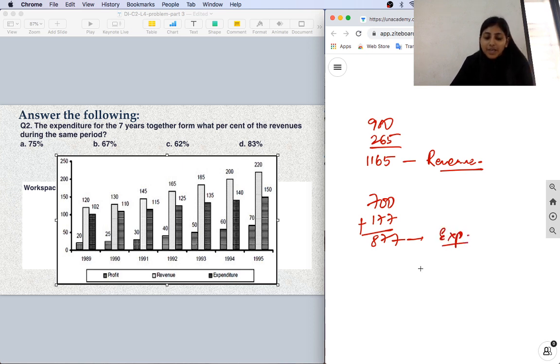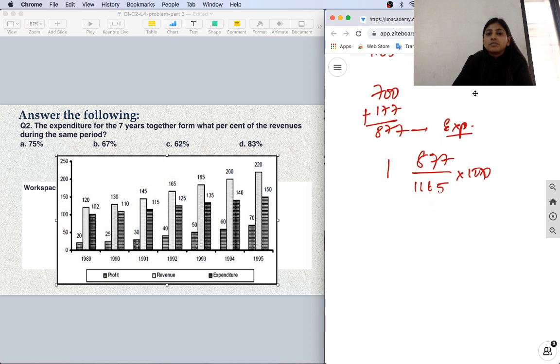What we have to do is find expenditure over revenue. We can do a bit of approximation, not much.